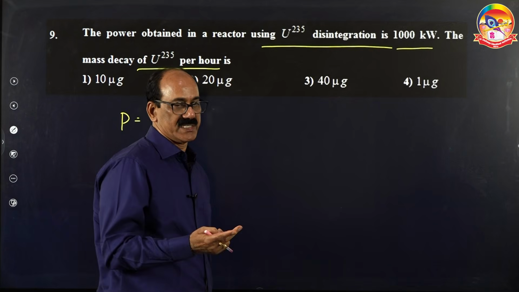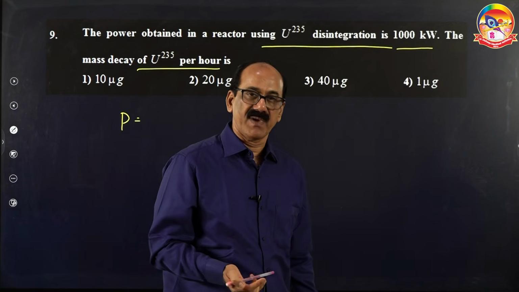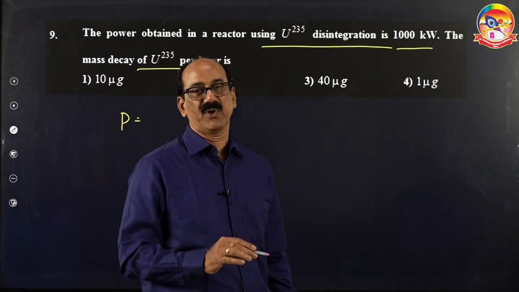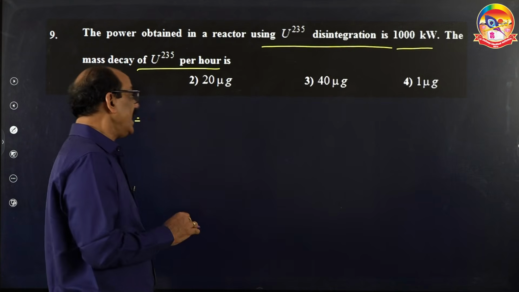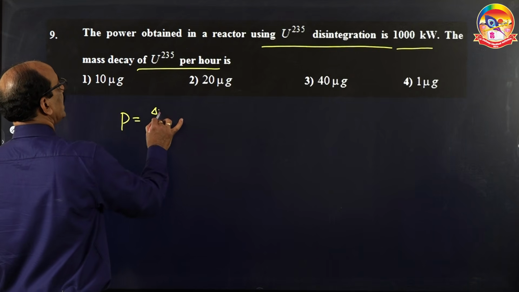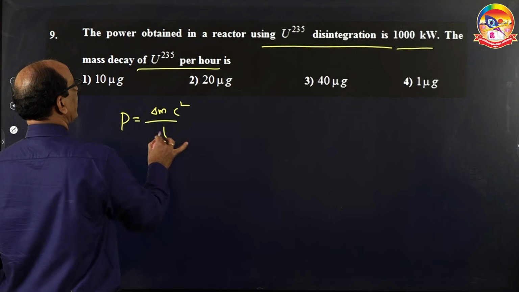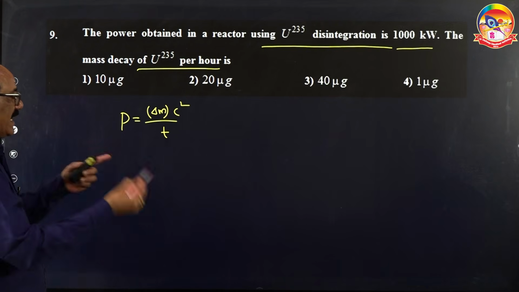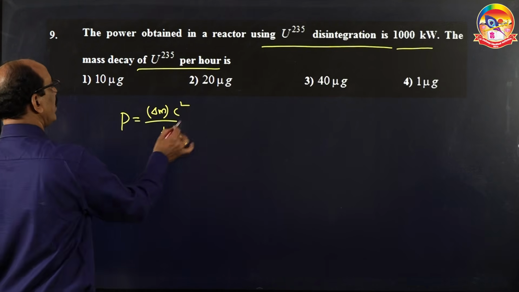There can be two choices: complete annihilation of mass, and mass converted in the fission process. If complete annihilation is required, then you have to write it as delta m into c square by t, where delta m is the mass completely converted, annihilated.